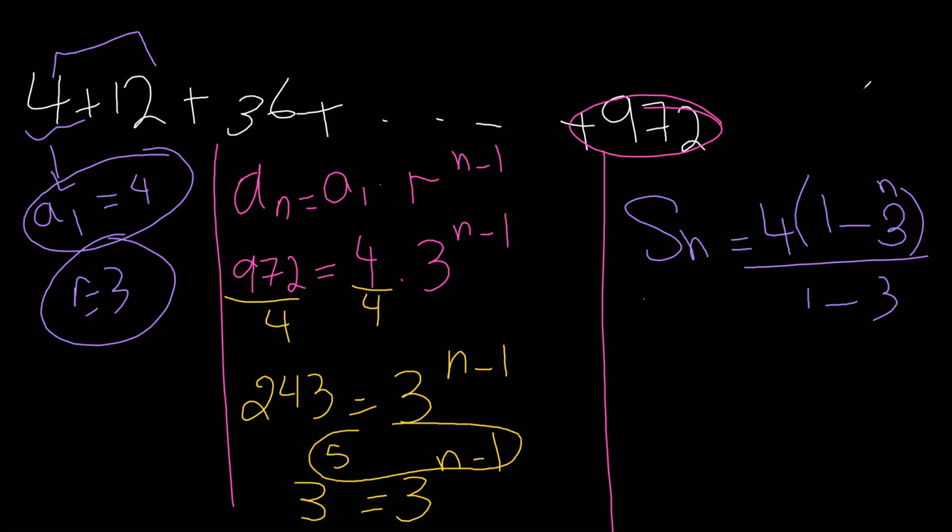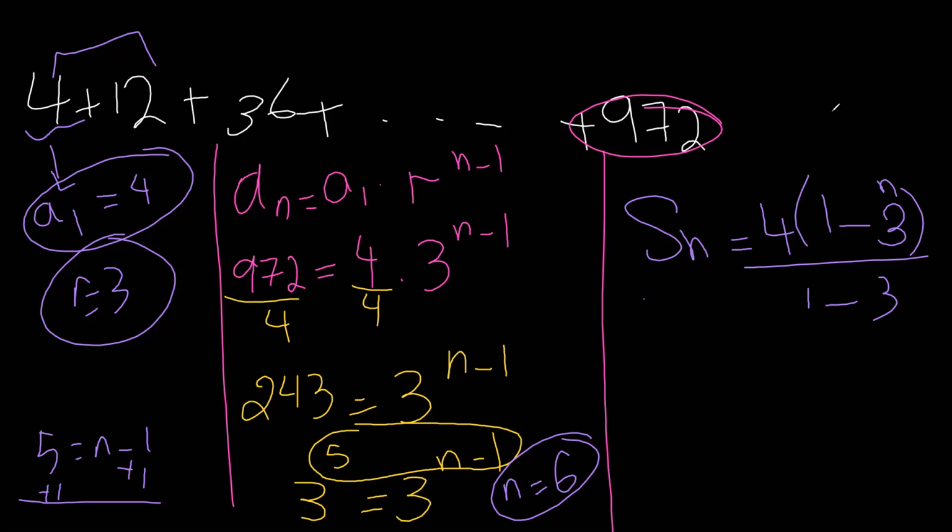Then since the two terms are equal and have the same base, the powers will be the same also. So now n equals what? 6. It's like 5 equals n minus 1, plus 1 plus 1, so n equals 6.